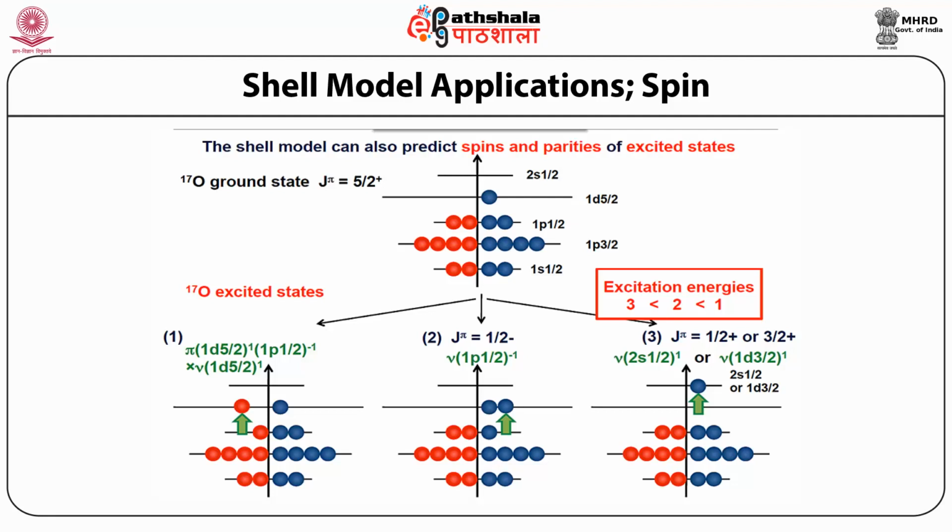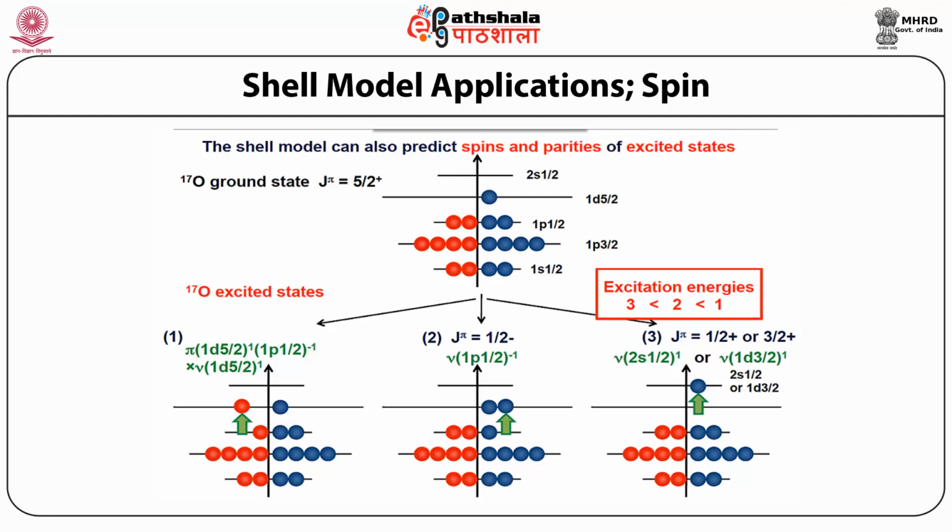So, the odd neutron, that is the 17th nucleon in oxygen 17, can be excited to either the 2s1/2 orbital or the 1d3/2 orbital. Depending upon whether it has been excited to the s1/2 orbital or the d3/2 orbital, there can be two spin states possible. If it is excited to the s1/2 orbital, then the excited state spin of oxygen 17 will be J pi equal to 1/2 plus.